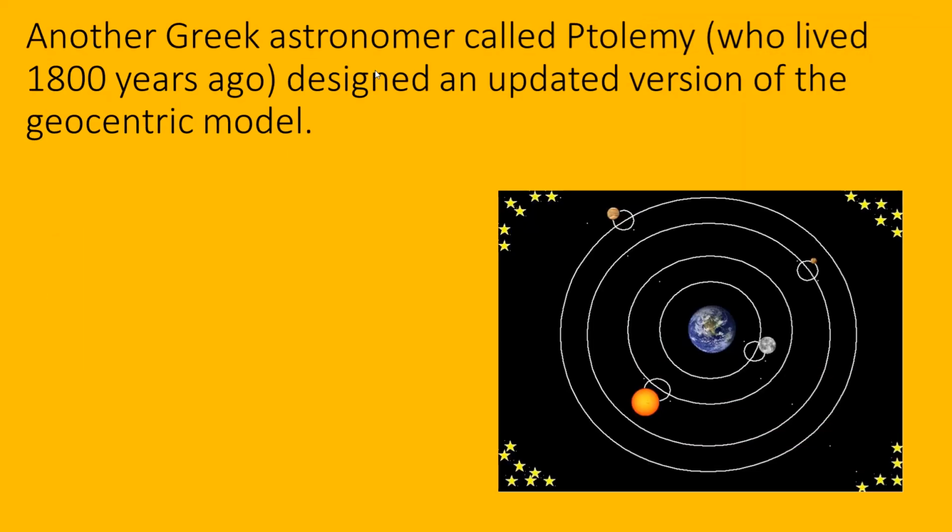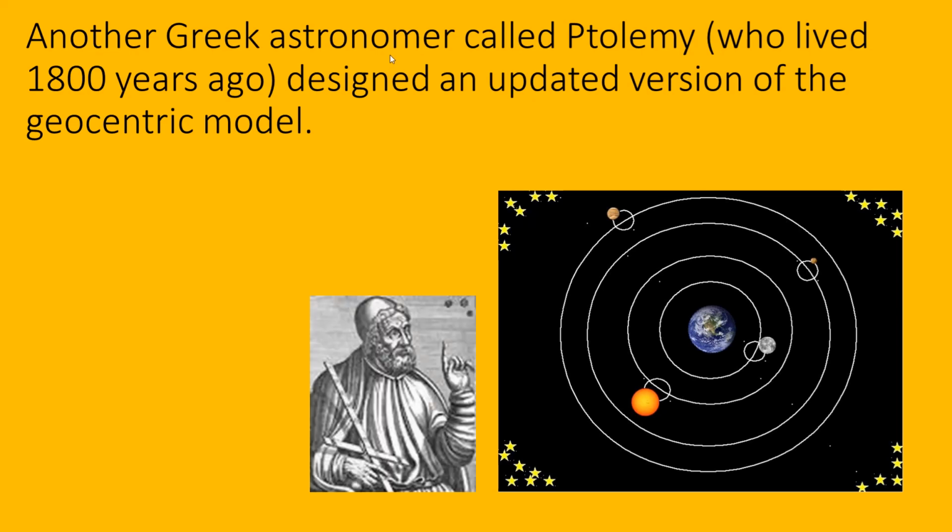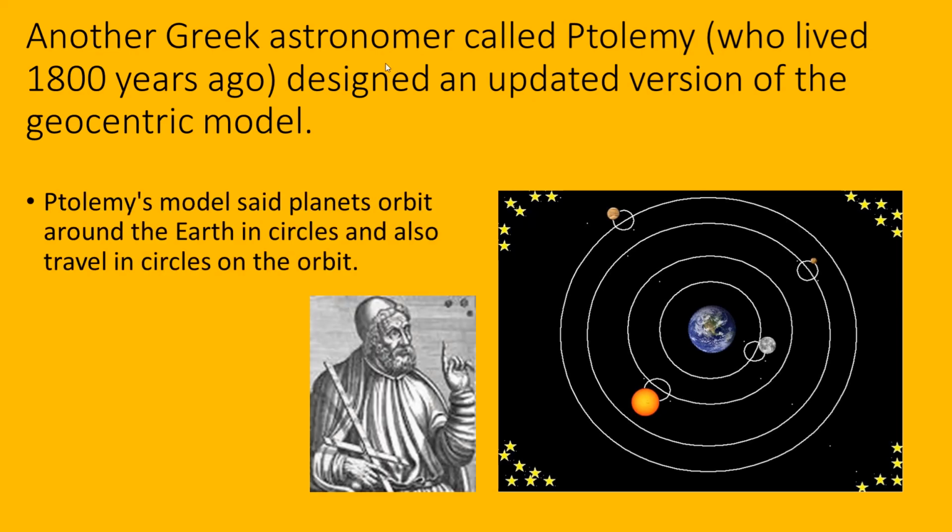Because of that, another Greek astronomer called Ptolemy, who lived 1,800 years ago, designed an updated version of the geocentric model. What is the updated version? Ptolemy's model said the planets orbit around the Earth in circles and also travel in circles on the orbit. I will explain.